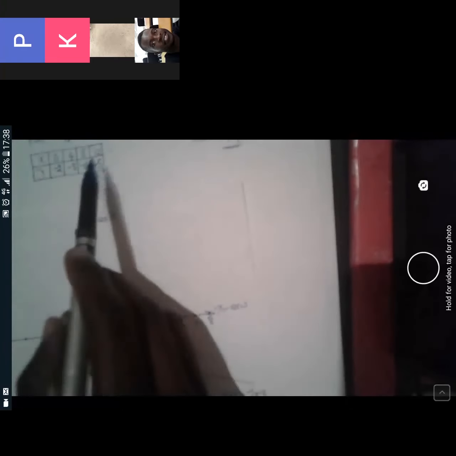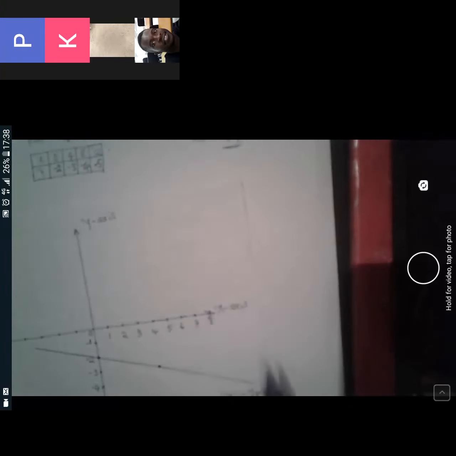So let's try this one: we have 8, -4. We have 8 there, and then our -4 is somewhere there. You see that they meet just along the line. So this is the graph of the function f of x is equal to -1/4x - 2.